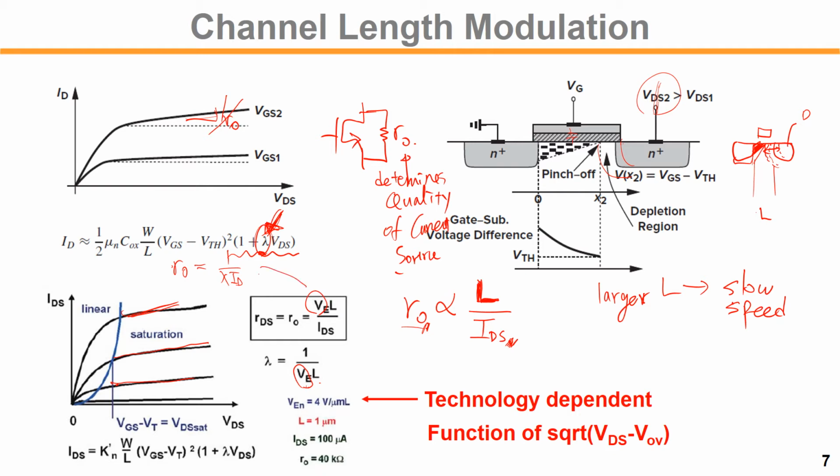If you equate this onto here, lambda becomes what? 1 over VE L, right? This one.